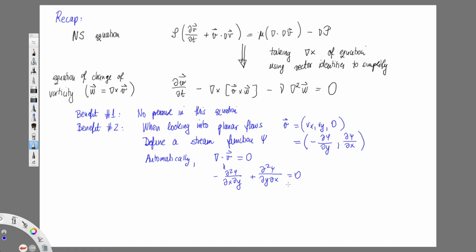So incompressibility, or my equation of continuity, is taken care of the moment I'm in this form of a stream function.